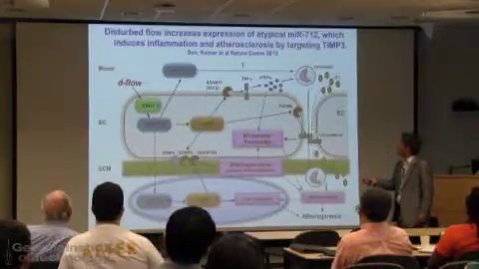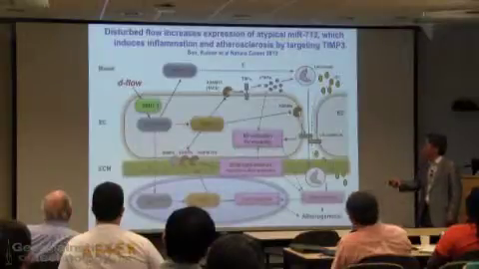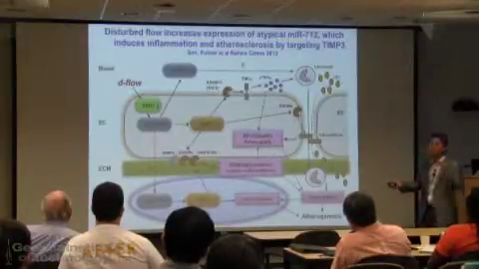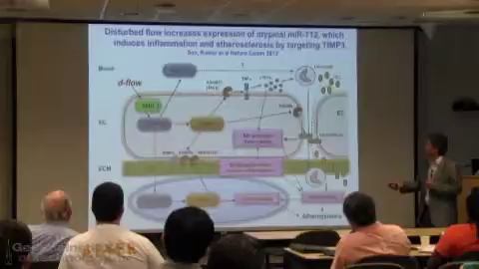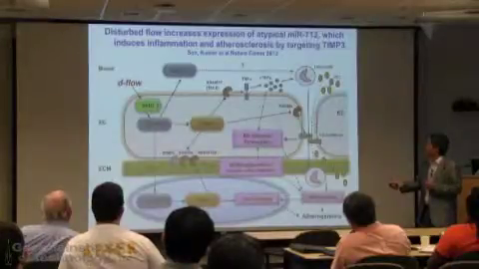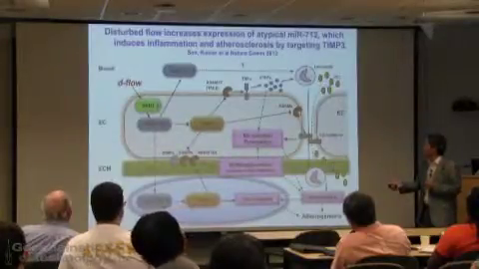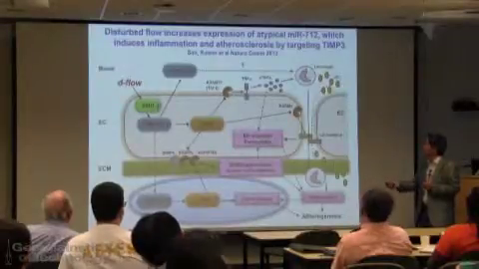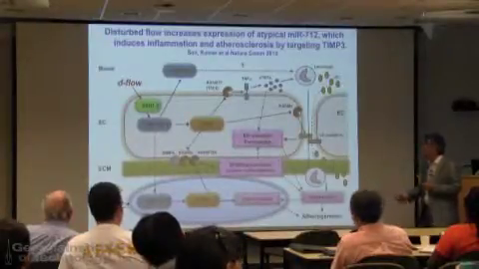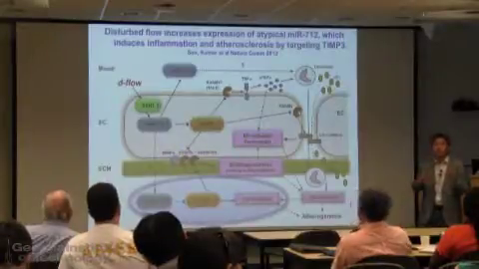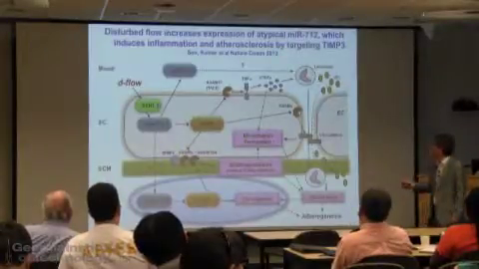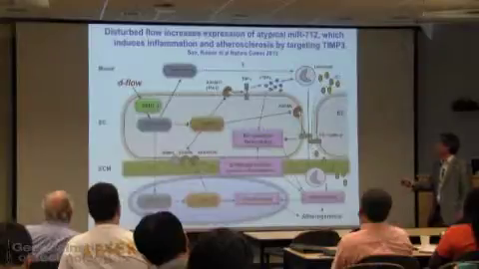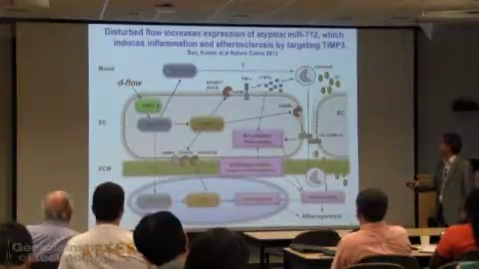Anyways, through an XRN1-dependent pathway, we were able to show that miR-712 goes up in flow-disturbed endothelium. Some of it remains in endothelial cells, some of it goes out into circulation, as well as some of it goes into medial smooth muscle cells where it really has impact as well. In endothelial cells, miR-712 decreases TIMP3.